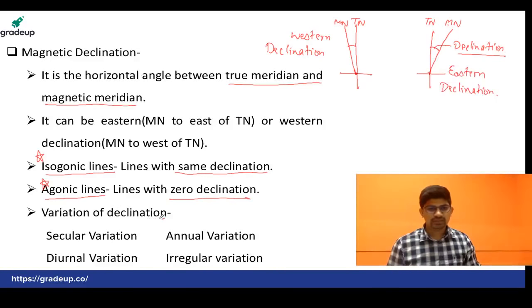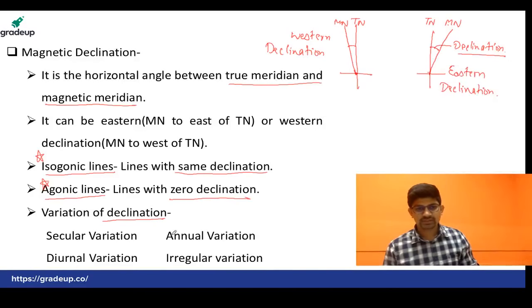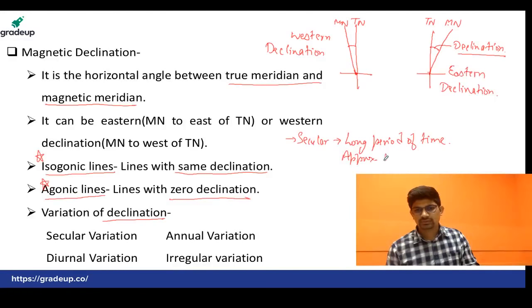Now, variation of declination. The declination varies from time to time and place to place. As I have written, first is secular variation, then annual variation, diurnal variation and irregular variation. The first one is secular variation. Secular variation occurs over a long period of time and approximately follows a sine curve.